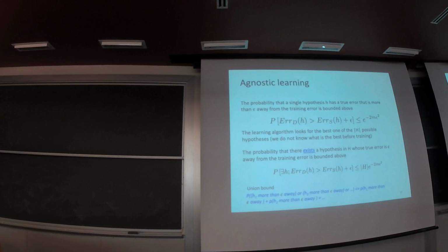We want to know the upper bound for the probability that there exists some hypothesis in the whole space which is good enough, meaning the true error is not too far away from the training error. If we can claim a very nice bound for this probability, then we can say the hypothesis space chosen by this learning algorithm is good. That's the logic for bounding this probability.